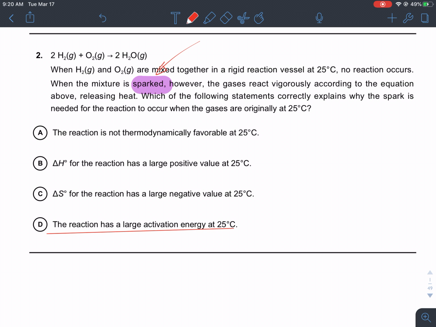Like I said before, water on iron is a spontaneous reaction. It just takes a long time, okay? So our idea of spontaneity can't be that it happens fast. That's not true. It just happens without help. In this case, this reaction has a large activation energy. So when we add that activation energy, the reaction will go.